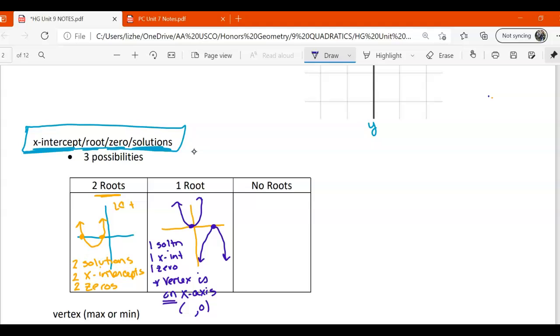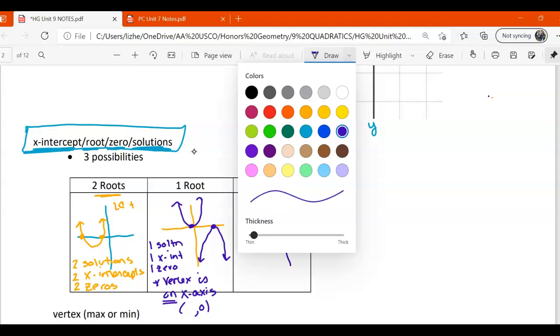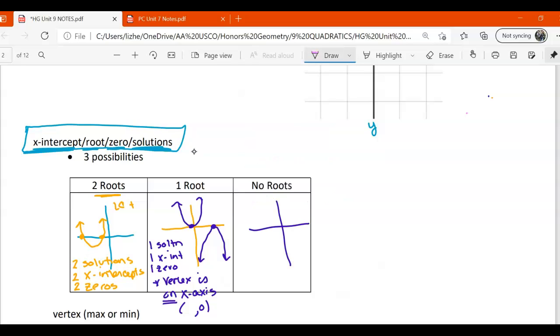Okay, last option, here's your graph. We could have a parabola like up here. It opens up, so the leading coefficient is positive, but the vertex is above the x-axis, so there is no solution. There is no x-intercept. It never touches the x-axis.